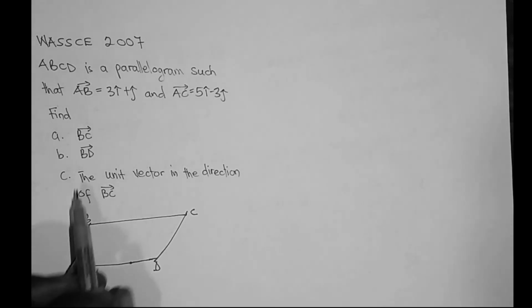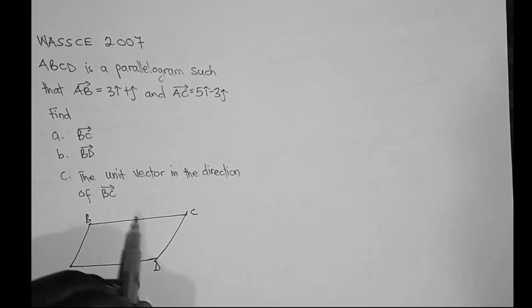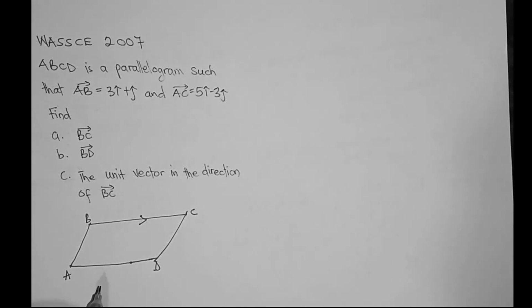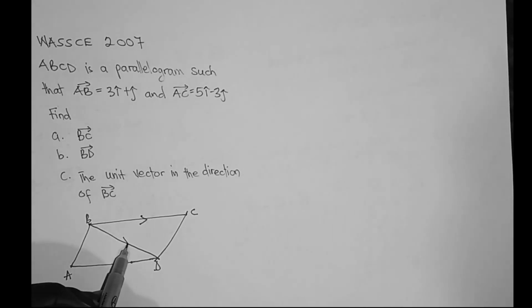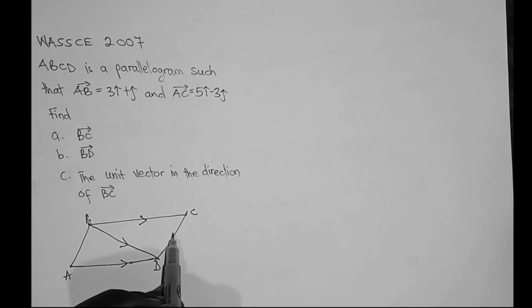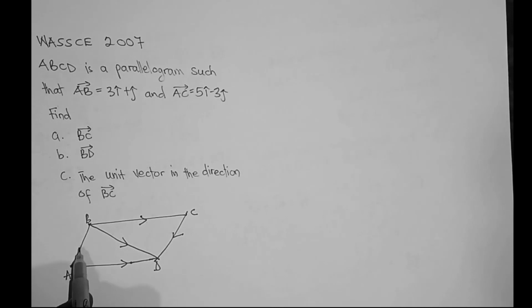So we are looking for what? The first part, we are looking for BC. So that means that this one will be going to this side since they are equal. And then BD. This is BD. So it means that this will be coming here, and this one to go in this direction, since AB is equal to DC.